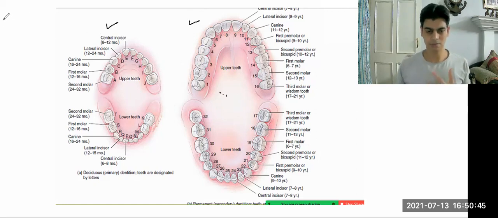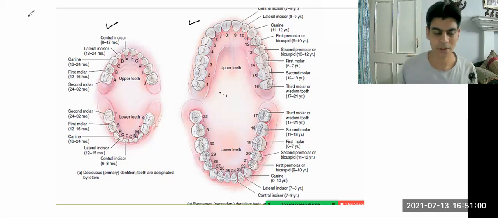The first thing that we should know about the tooth is that these teeth are embedded into the socket, and these sockets are present on the jawbone. We call it thecodont.